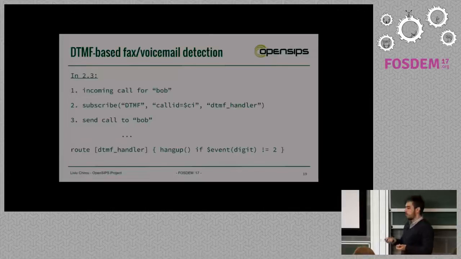When the media server starts sending the events, we will take the appropriate actions. We will invoke the handler and hang up if it timed out, or if he, I don't know, pressed the wrong digit, I guess.